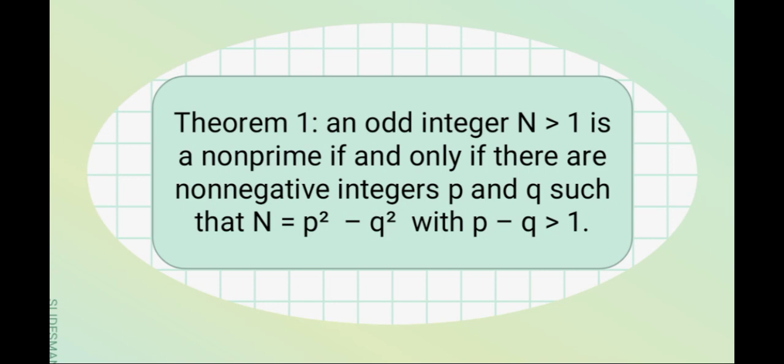That's why ang ato ang gina-focus dinhi is all odd integer numbers, and we must put in our minds that our odd integer number or our n will always be greater than 1, because if our n is greater than 1, meaning it is a non-prime, if and only if there are non-negative integers p and q such. Okay? So makuha gyud na ang ginapasabot sa theorem or sa conjecture nga being stated dinhi.